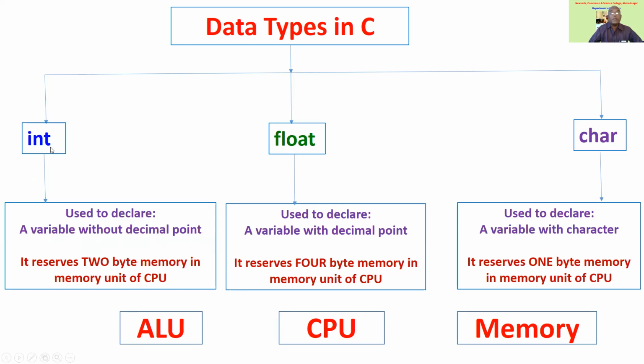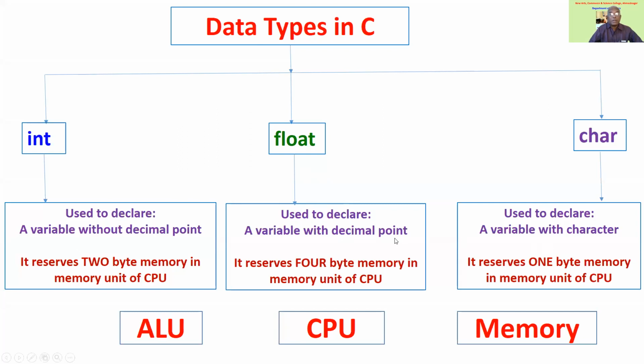What it does, this is very important, it reserves 2 bytes of memory in the memory unit of the CPU. See, computer block diagram is what? CPU, ALU and memory. In this memory unit, every integer type variable will make a reservation of 2 bytes of memory. Float is used for those variables that require a decimal point.